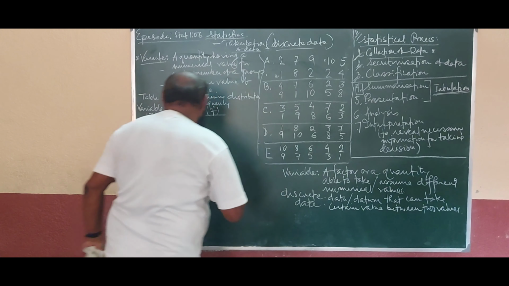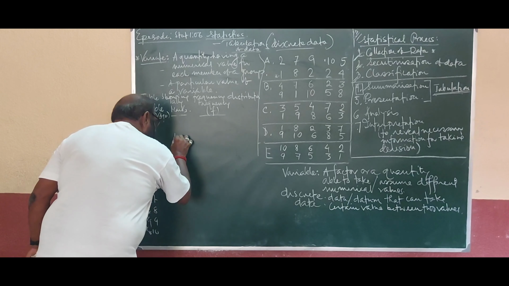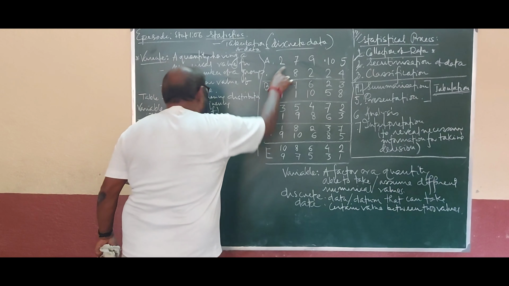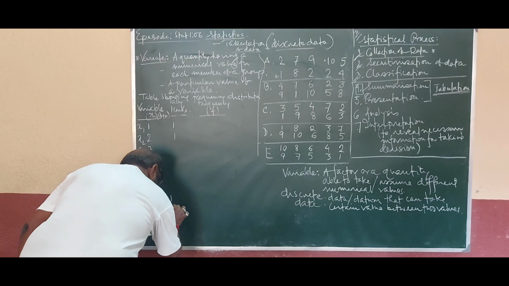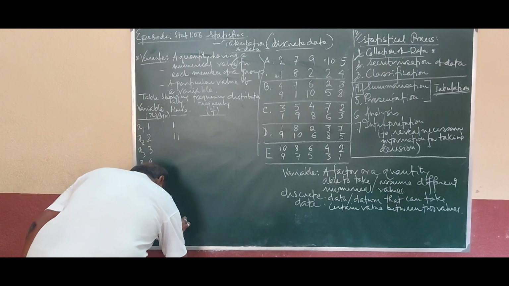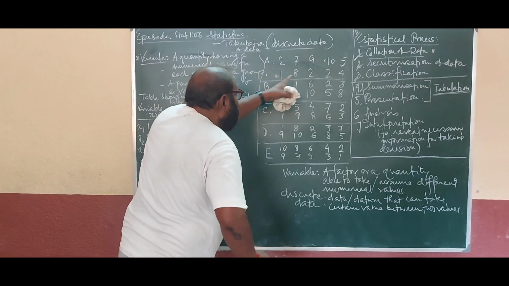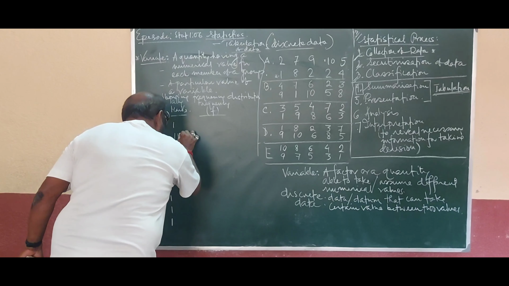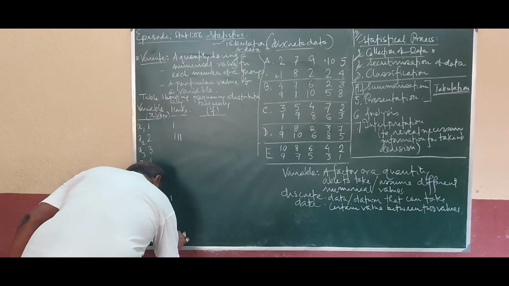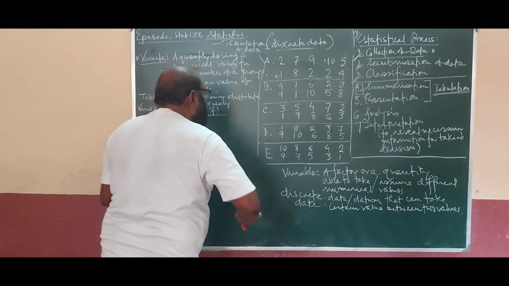2 appears one time, then 7, 8. Now 9, 2, 2, it is 9. Clear? 10, 2, 2 and it is 10. In this way you will go on solving the problem.